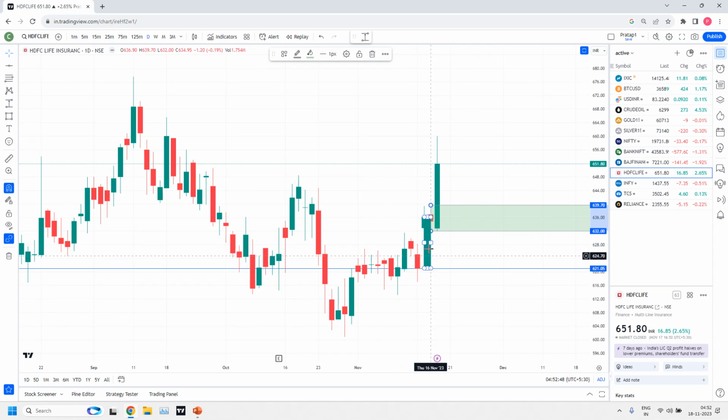Actually you have to assume the candle like this in your mind. When there are gaps, candles will be having an invisible body. And remember this scenario. It's a very important scenario.